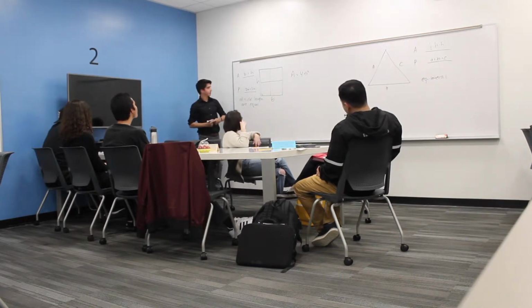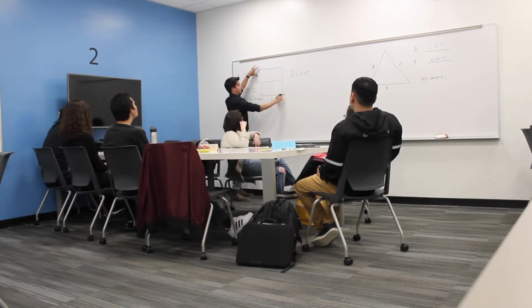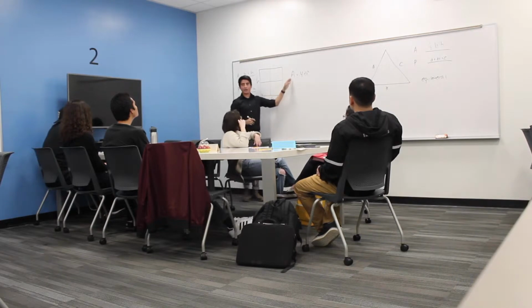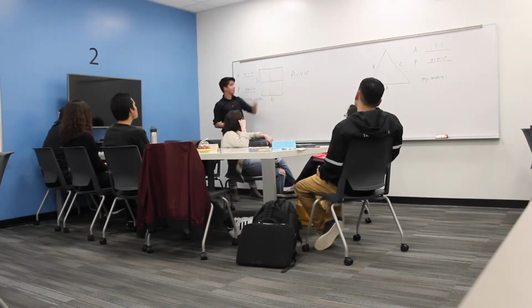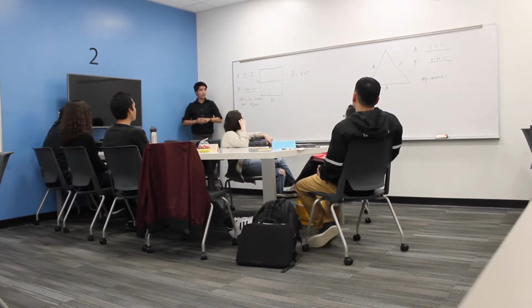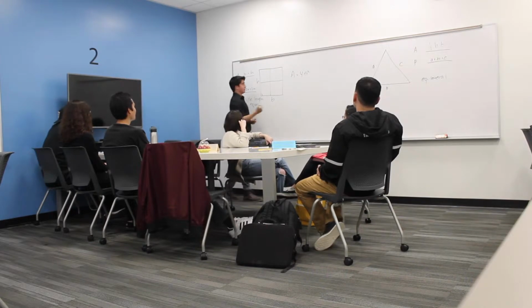So if we know the area is 4 feet squared, what is the length of one side? And you know that all side lengths are equal. 2. Okay? So we know that one side length is going to be equal to 2.